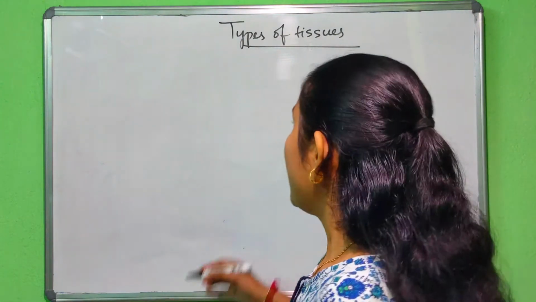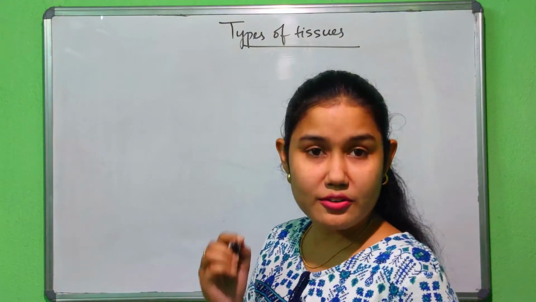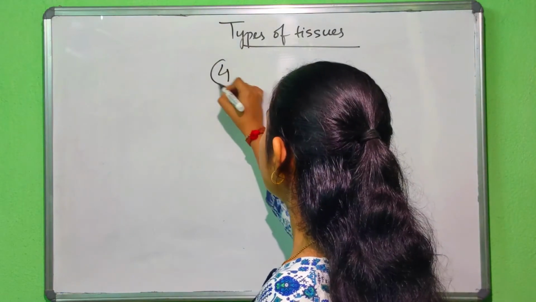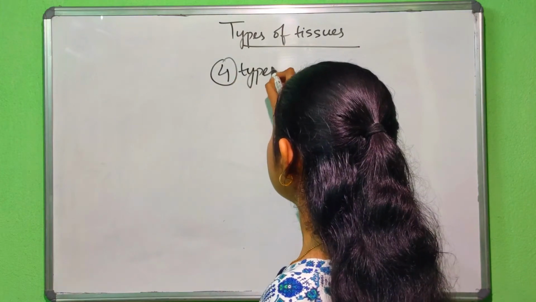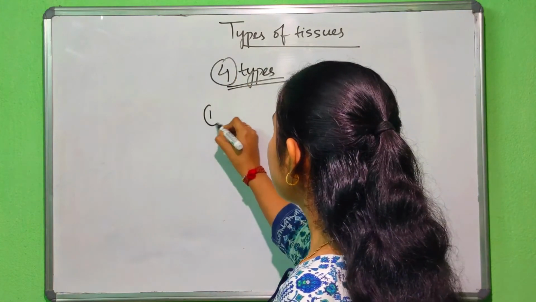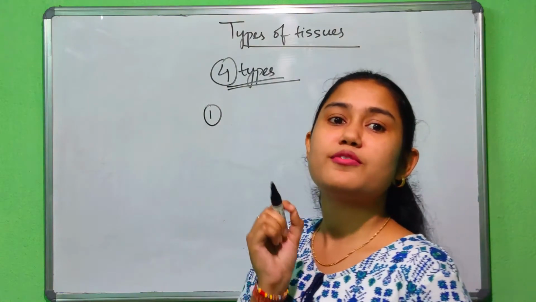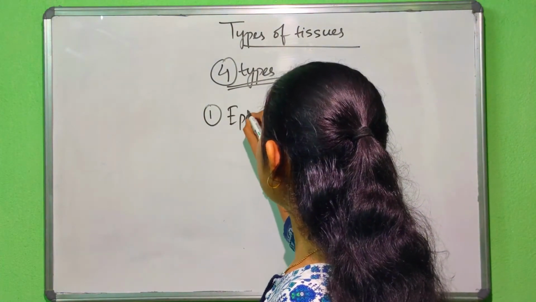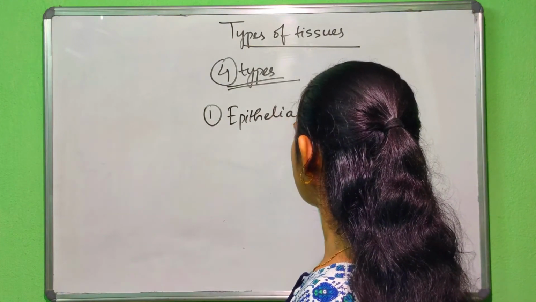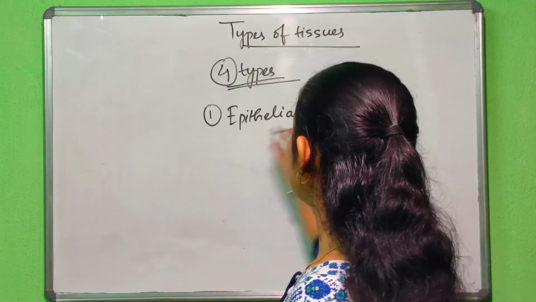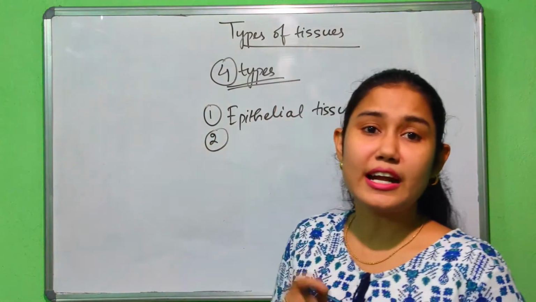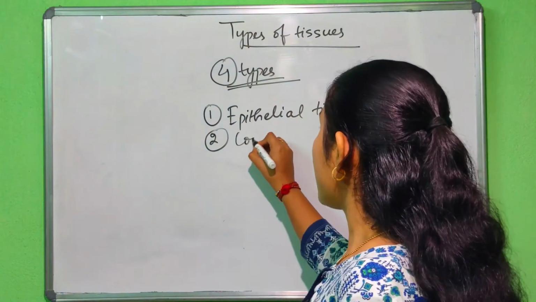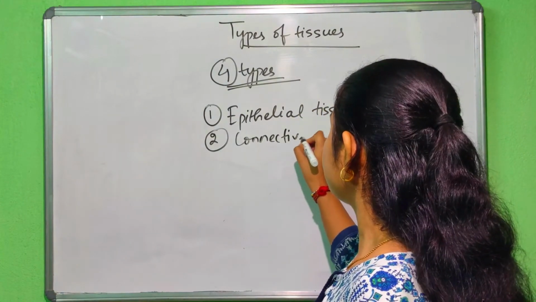Depending upon the structure and functions, these tissues have been categorized into 4 types. So what are they? The first type of tissue is there for protection, and it is called the epithelial tissue. The second type is there for connection, and it is known as the connective tissue.